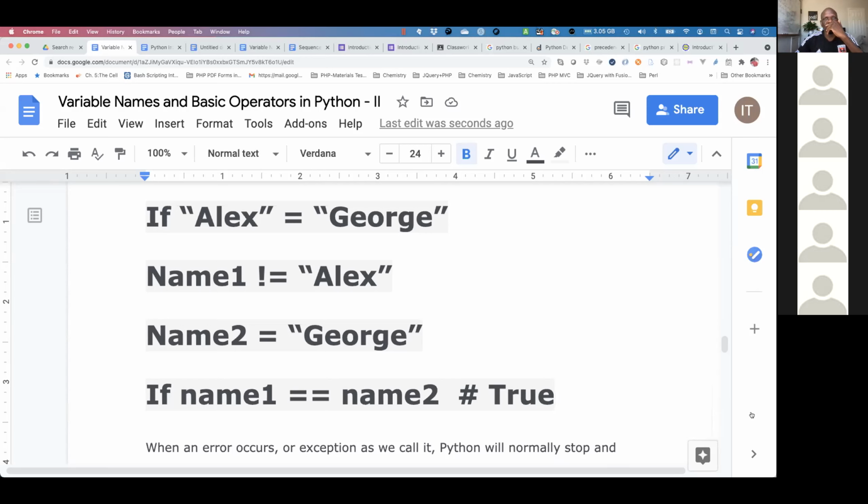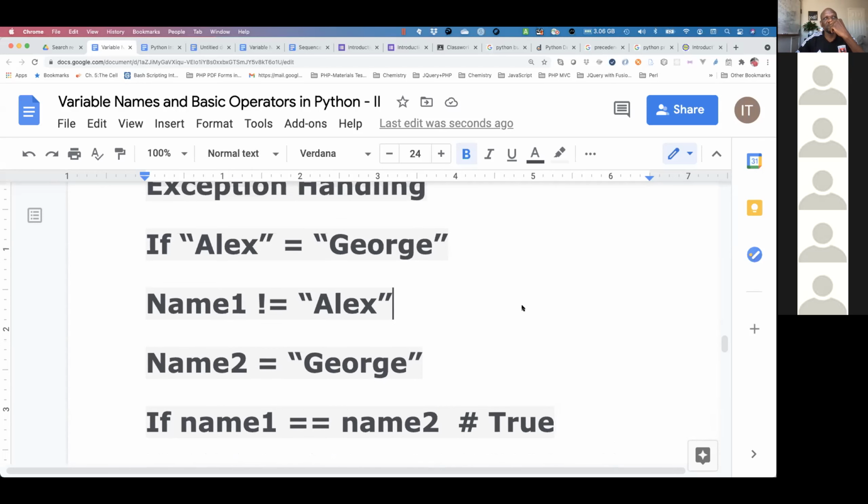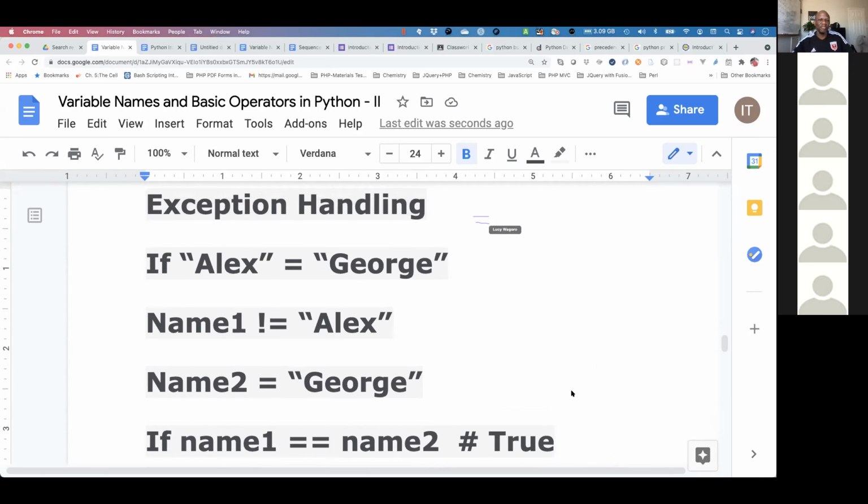George, if you allow me. I don't know who asked the question, but I also want to give a practical way of looking at the difference between these two. I hope you're able to see what I'm writing on the screen. Like George said, and also Monica said, this assigns something to the memory.